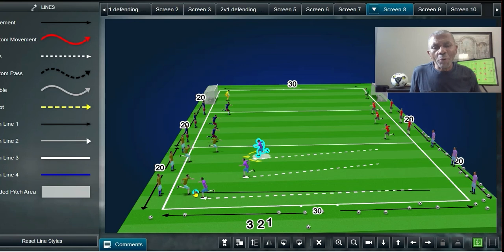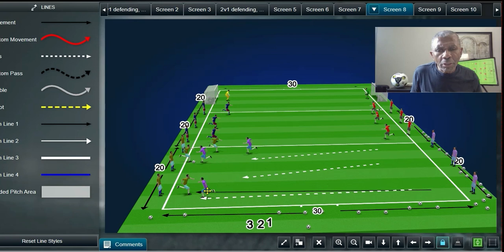Okay, if the ball is passed here to the middle, this guy is first to the ball. I'm the ball. This guy is gonna adjust his position now, because he's gotta be a little tighter. Okay, and this guy here has to cover. Oh, not the line, I wanted the guy. There we go. Okay, cover. It's covered.